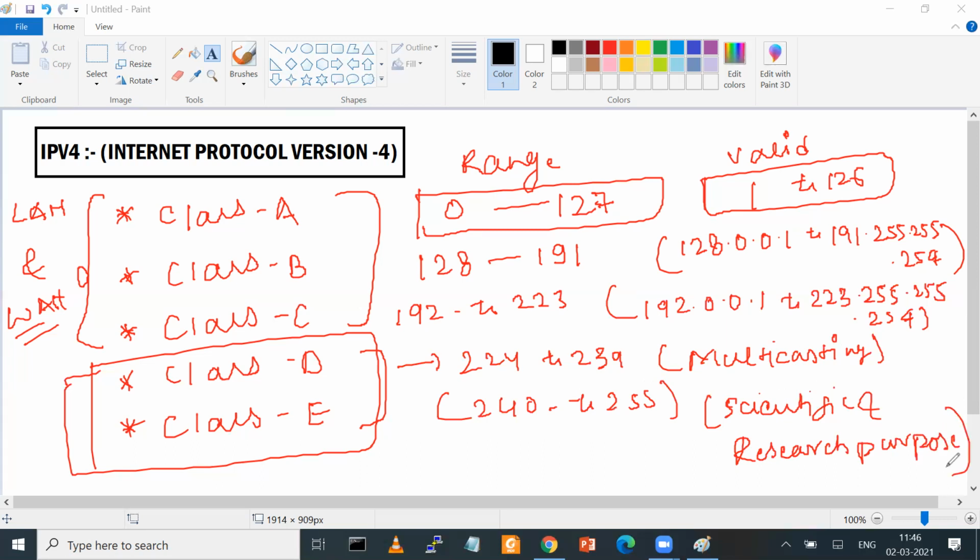So guys, we have 3 classes which we use in LAN and WAN, and we have 2 special classes. One is class D, which I use for multicasting, and E is reserved in IPv4 for scientific and research purposes. A to C classes we use for LAN and WAN.